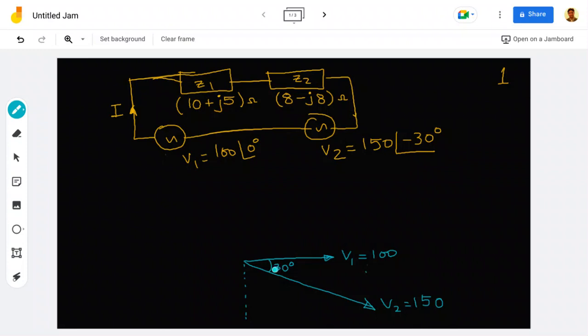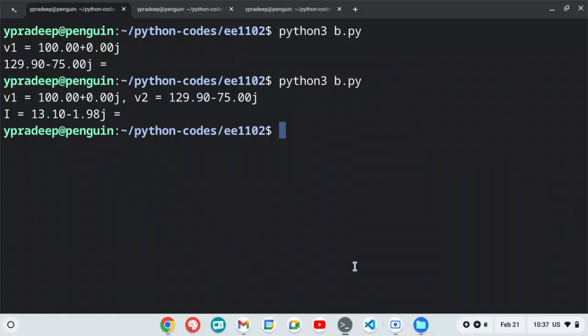Sine 30 is 0.5. So 150 into 0.5 is 75. Okay. So that's what you see here in the answers. Minus 75 it is coming. So it just confirms it, and then 129.9, maybe that is cos of 30, which is 0.866 something, multiplied with 150, it comes like that, but that is fine.